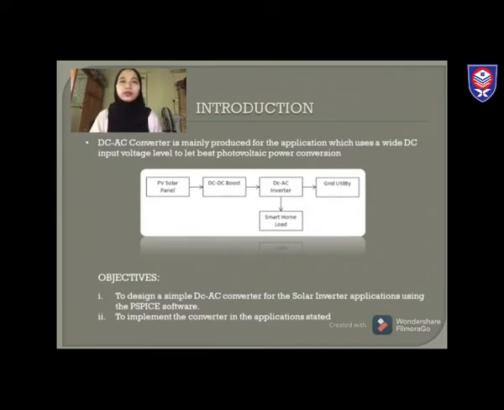Okay, our title for this project is DC to AC converter in solar inverter. The solar inverter is the application that uses the DC AC converter.